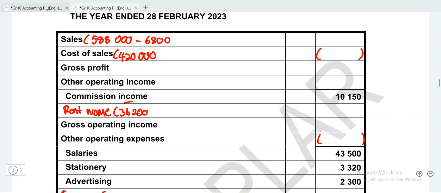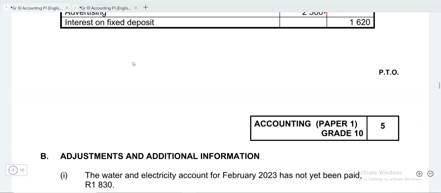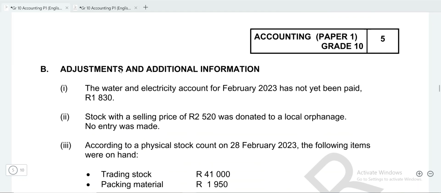So now we are done entering our information. So what we can do, we can just make sure that we go to our transactions. The first transaction says that the water and electricity account for February 2023 has not yet been paid. In other words, it is still owed. So therefore, because we are trying to make sure that our incomes are matched with the expenses for this year, we must increase this water and electricity by 1,830.